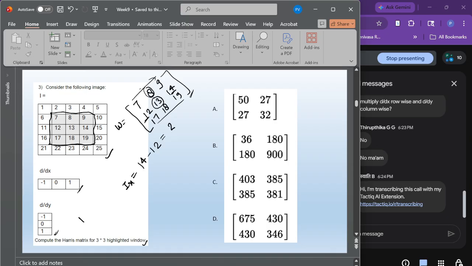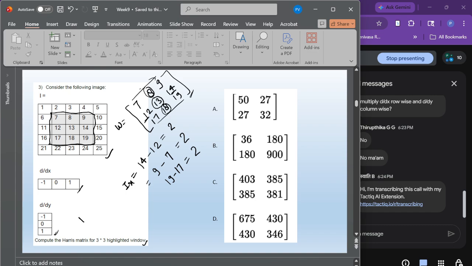Similarly, for 8 you take this column minus this column, and you will get 2 again. For 18, you get 19 minus 17, like that.